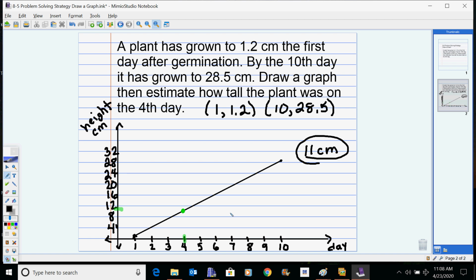You're looking for your estimate. Degree days on the x-axis and their cubic meters of gas on the y-axis, and get your approximate values there. The other 2 are review questions from the previous lesson, so you should be pretty good on those.